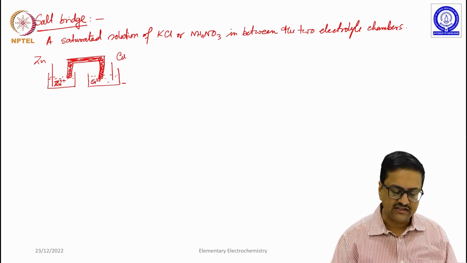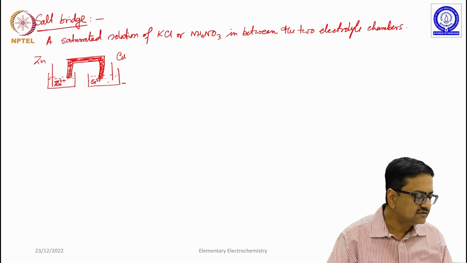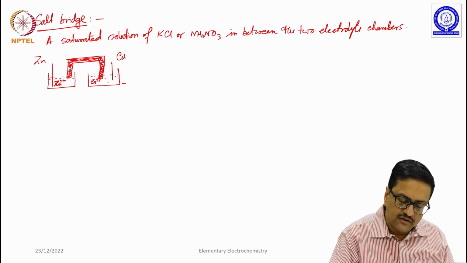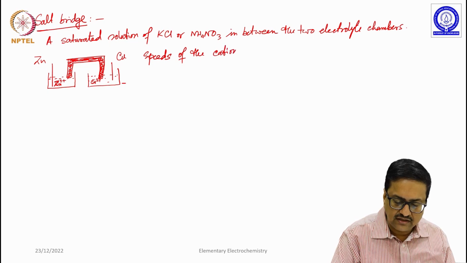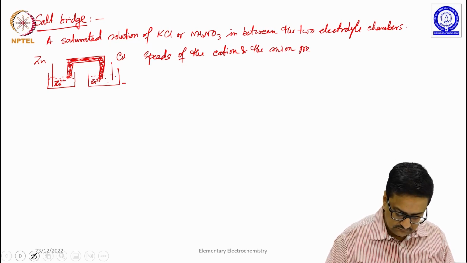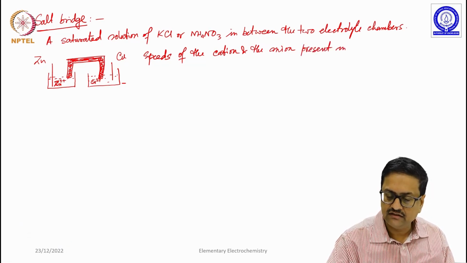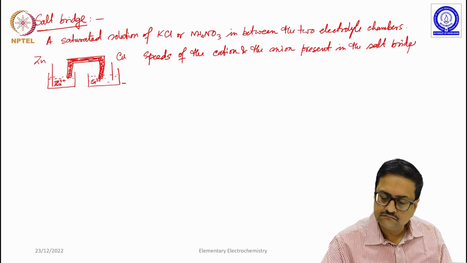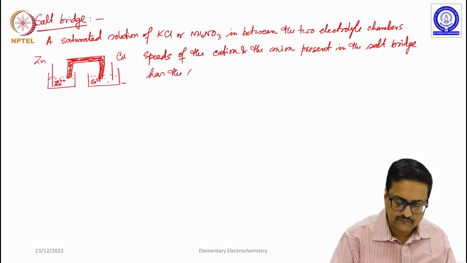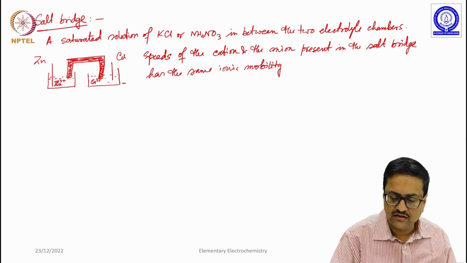When you have a salt bridge connecting the two sides, it does not allow the generation of charge separation, because the cation and the anion present in the salt bridge have the same ionic mobility or ionic speed.